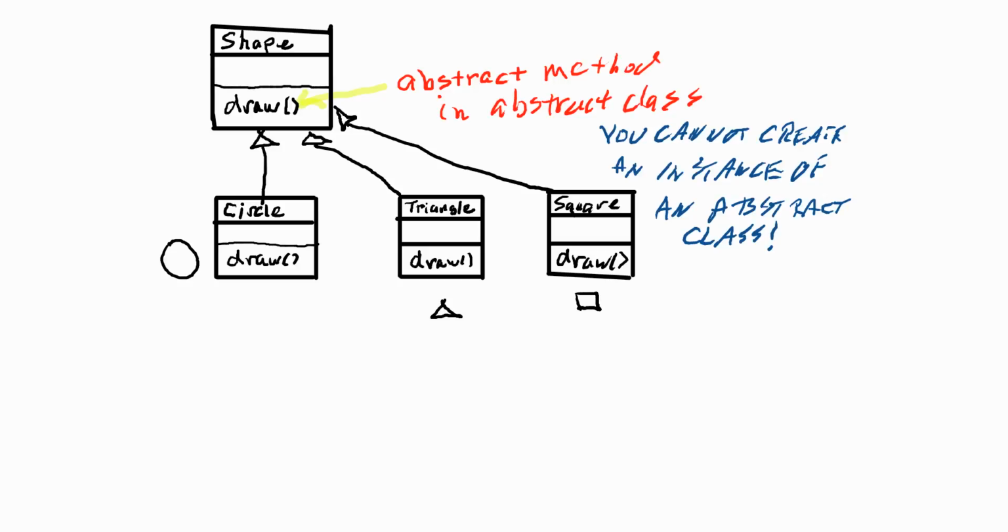Correct. So this turns out to be actually a nice thing to have. And so often we find that the superclass of a group of subclasses is actually one of these abstract classes that can't be instantiated, or we cannot create an instance of.